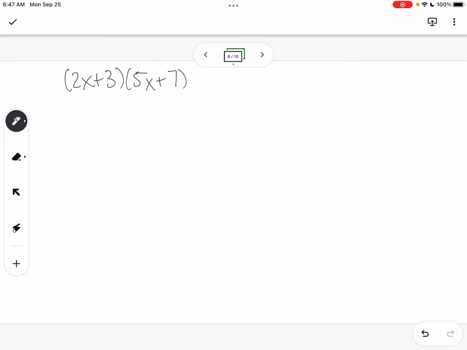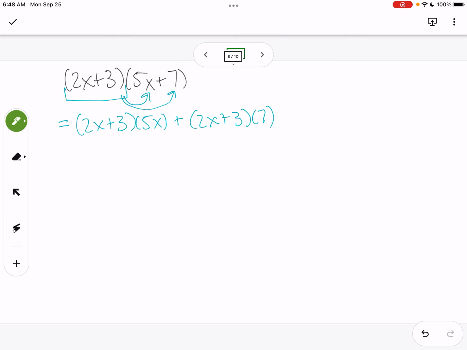What are we trying to accomplish? Well, I can distribute this 2x plus 3, multiply it by 5x, multiply it by 7. So we get 2x plus 3 times 5x plus 2x plus 3 times 7.